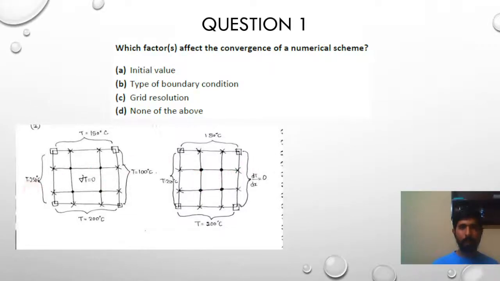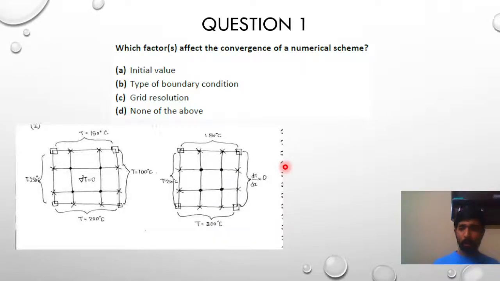So the convergence is different for different boundary conditions. Definitely the type of boundary condition is correct, and you should note that they are not asking about the result, it's the convergence: the number of iterations it takes and how fast the convergence is. It's not about the answer.